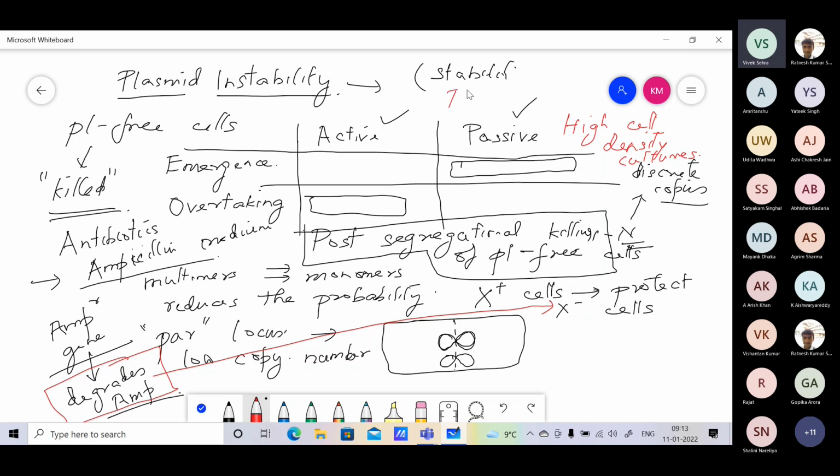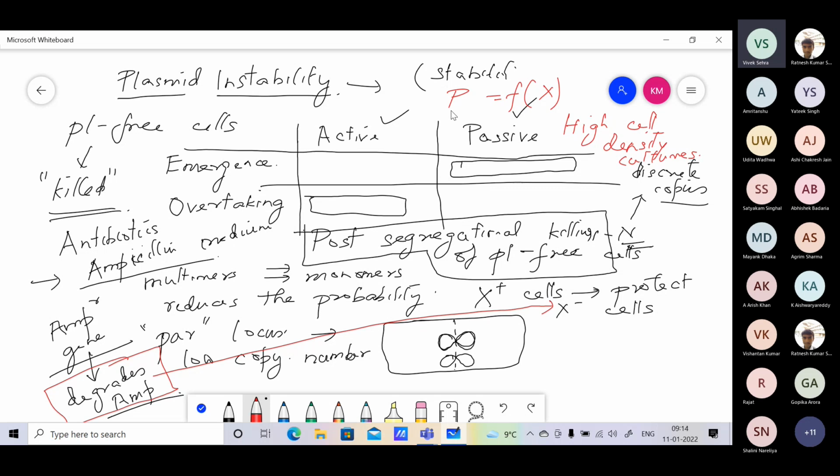So the product formed is a function of the number of cells, because each cell is producing a certain amount of product. The higher the cell density, the higher is the amount of product formed.